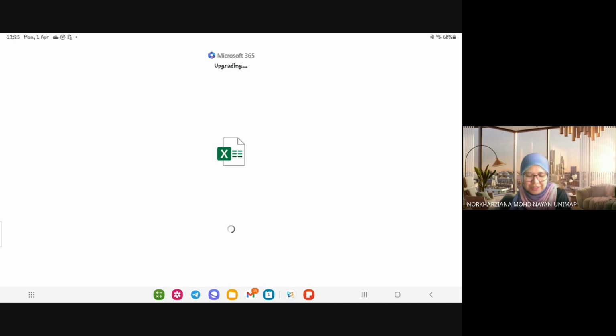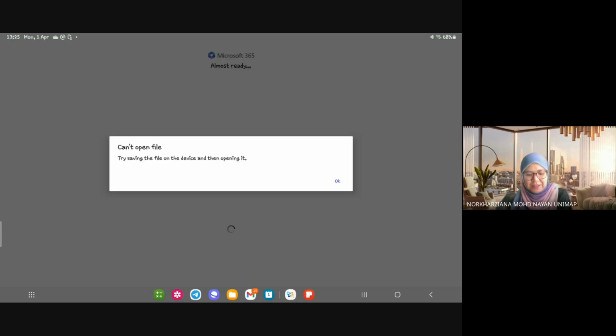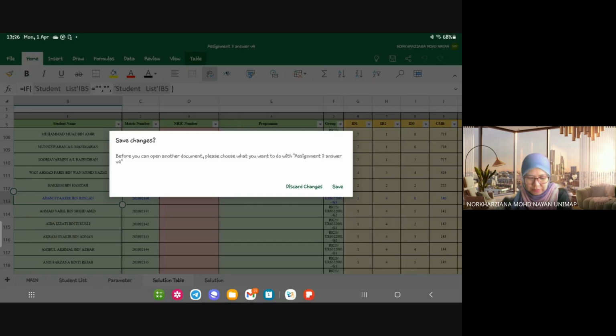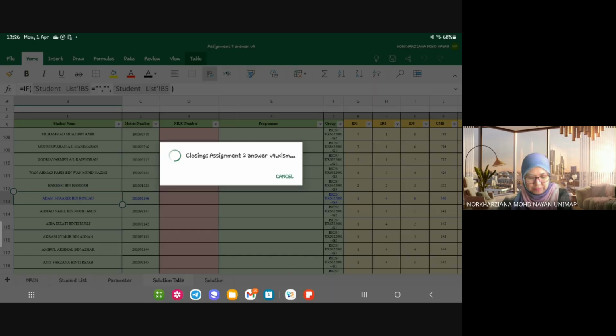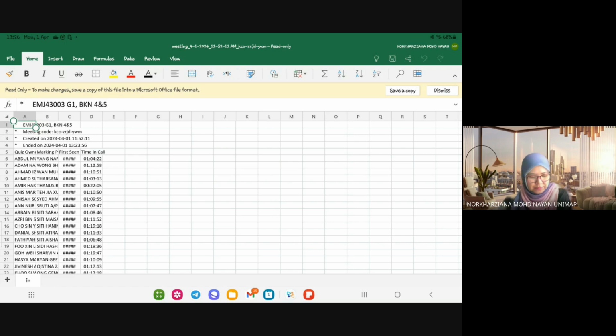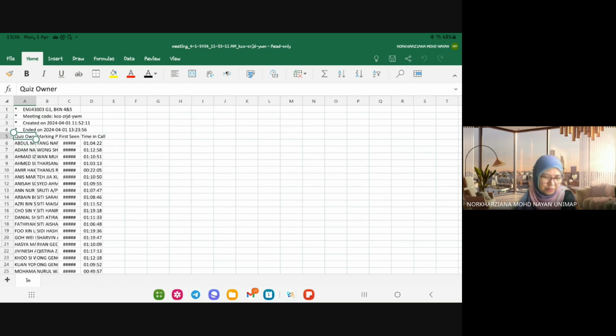So boleh nampak yang mana nama untuk mark paper siapa. Okay, so please pick the paper that you need to mark. Oh, dia keluar macam ni.